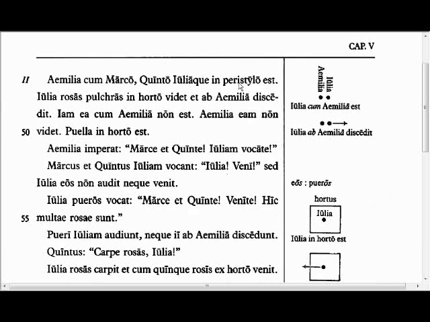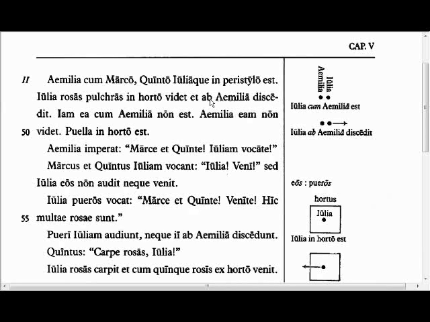So we'll call it the peristylium, it's a Greek word. We'll probably want to go from Aemilia right to the verb est here. So Aemilia is in the peristylium with Marcus, Quintus, and Julia. Notice how we have to jump from the front to the back of the sentence to make sense of this. Julia sees beautiful roses in the garden and leaves Aemilia.